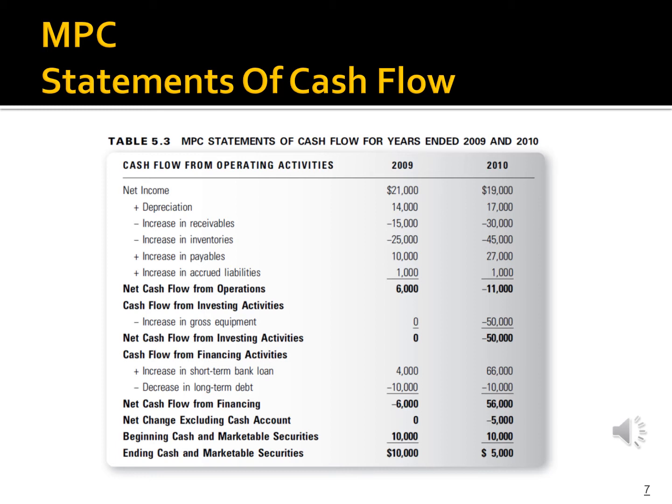But increase in equipment is bought in 2010, so they have to withdraw money, 50,000, to buy equipment. Negative here means this equipment is financed by maybe other parties.